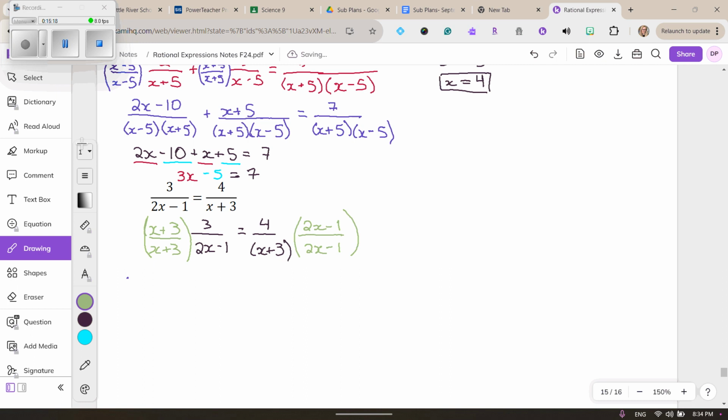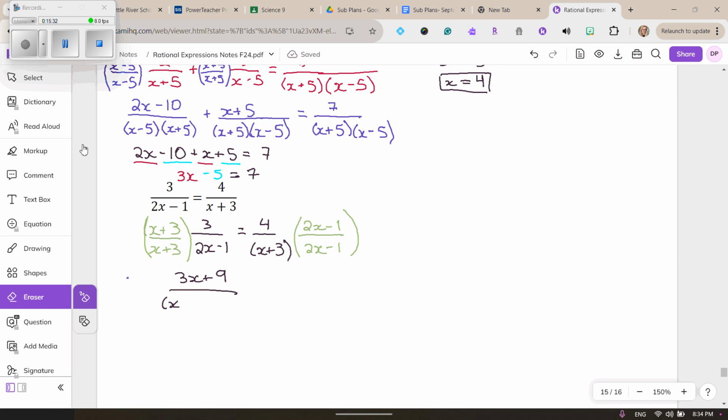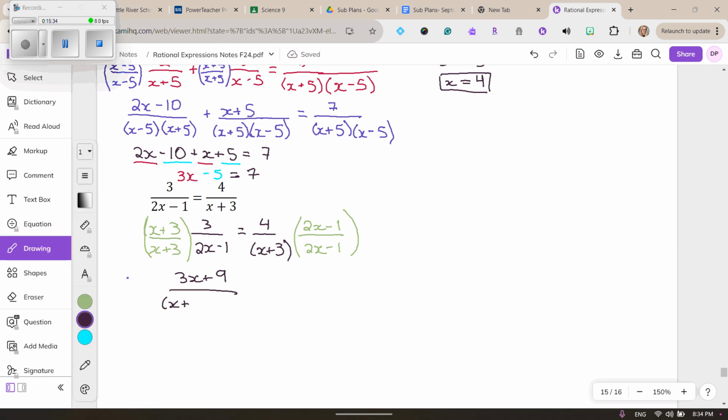Okay, I am now going to multiply through, get 3x plus 9 on the left-hand side, over x plus 3 times 2x minus 1, equals 8x minus 4 over top of x plus 3 times 2x minus 1.